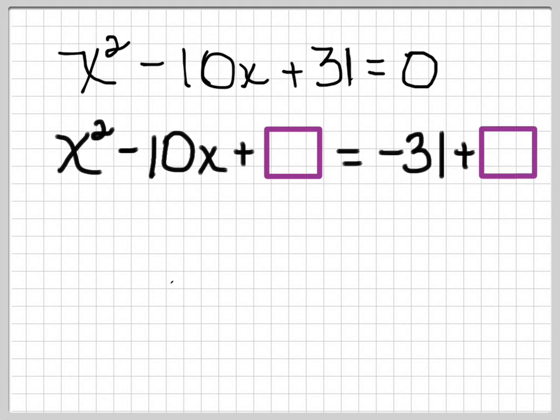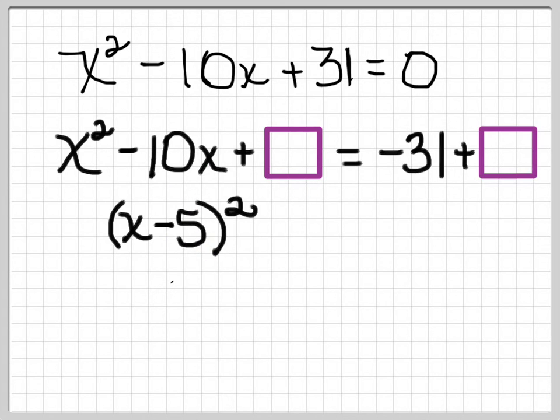Move the constant, the 30, over to the right. We're going to complete this square. We're going to make this into a perfect square trinomial by splitting b and squaring it. So when we're finished, we want x minus 5. This is the split of b. What's -5 squared?